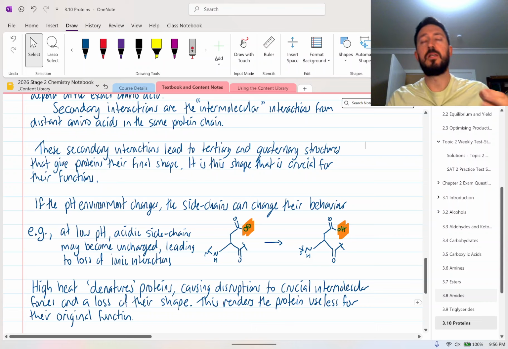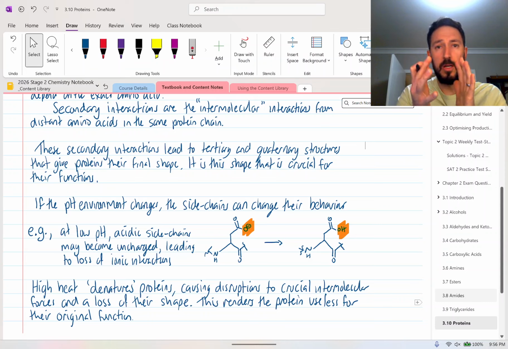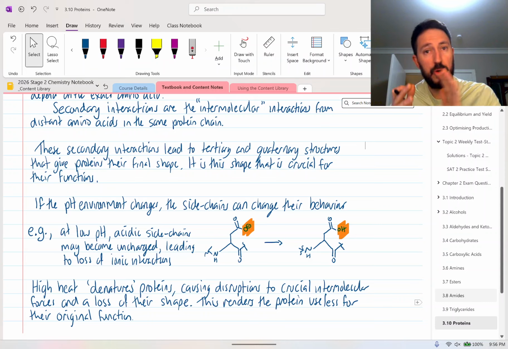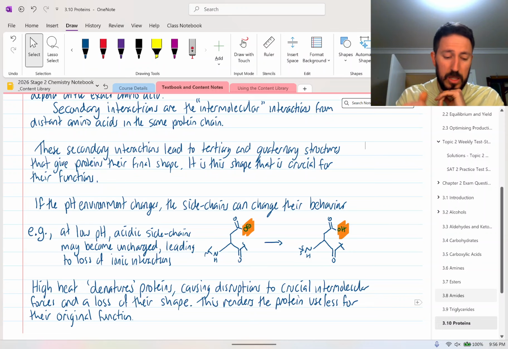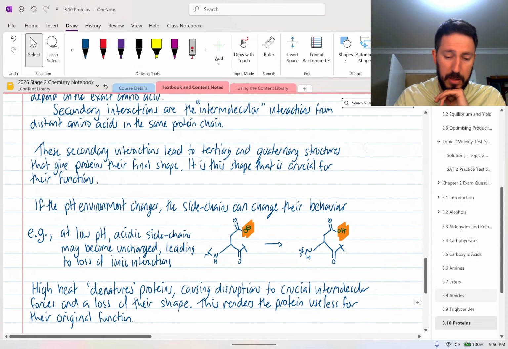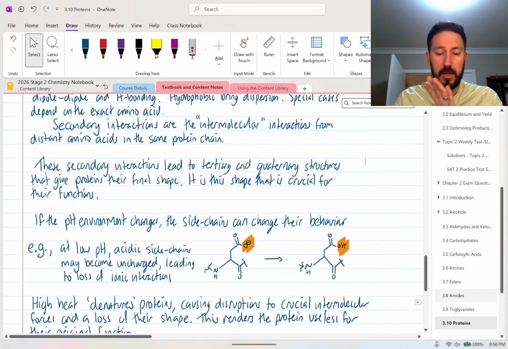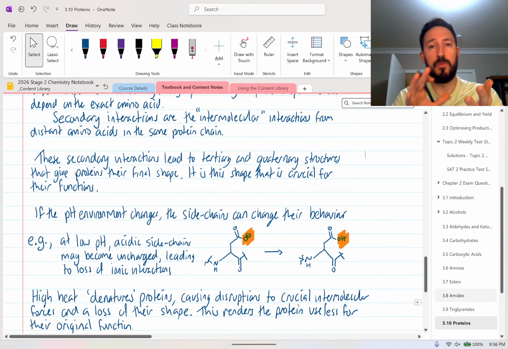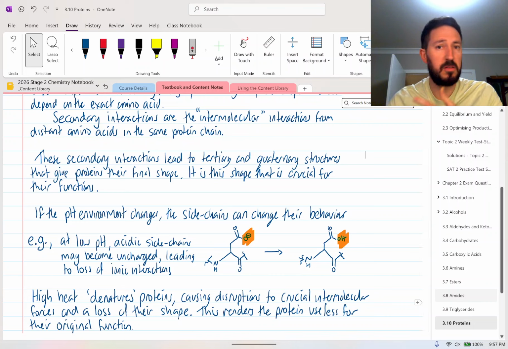Those secondary interactions allow the protein to fold into tertiary as well as quaternary structures. I'll talk a little bit more about them soon. But the important point is those interactions are really important for the structures of these proteins, and the function of these proteins is almost completely dependent on their structure.